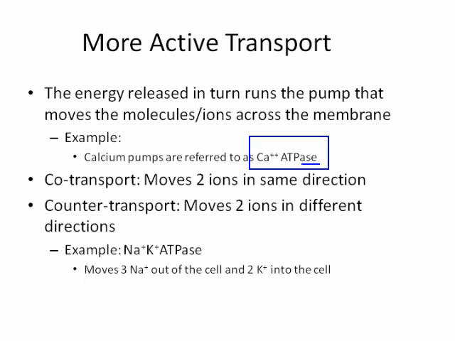And this is a pump or an enzyme that is going to require energy in the form of ATP, which is going to move calcium ions across the membrane. And so calcium ATPase is an enzyme that is going to rely on ATP to move calcium across the membrane.